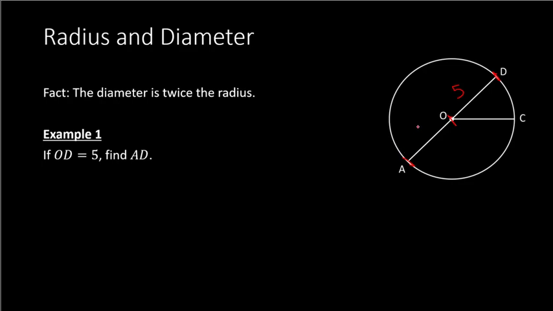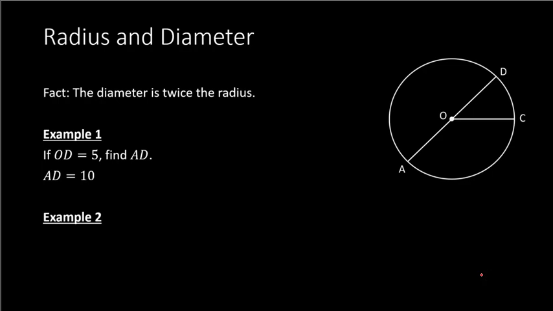Because AO would also be 5. So all the way across from A to D, that length is going to be 5 times 2, which is 10. So if OD is 5, then AD, the length of the diameter, is going to be 10.